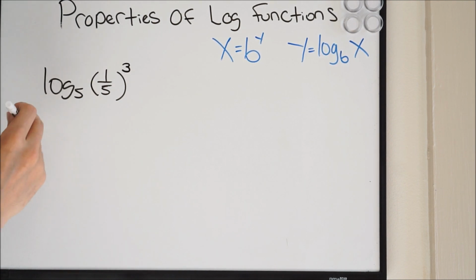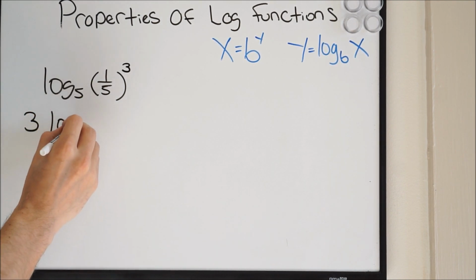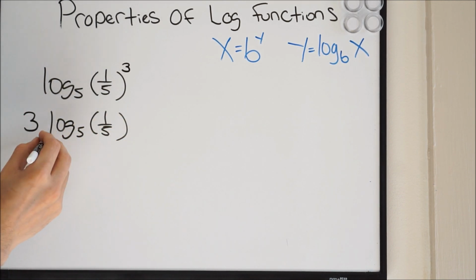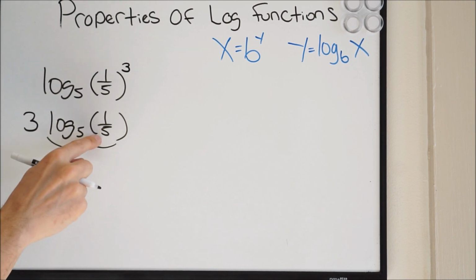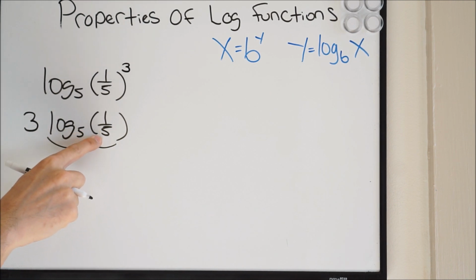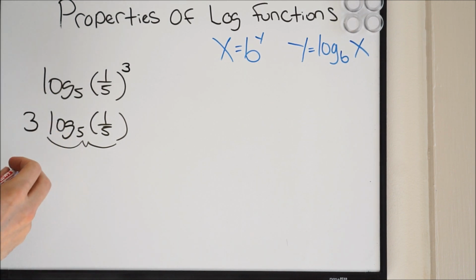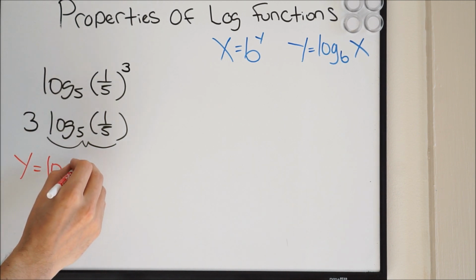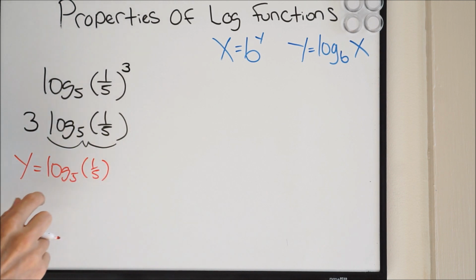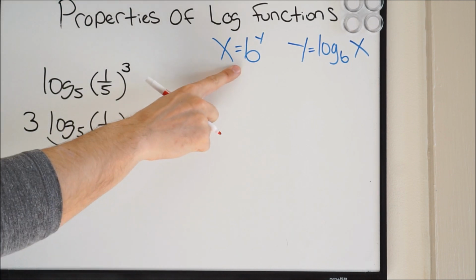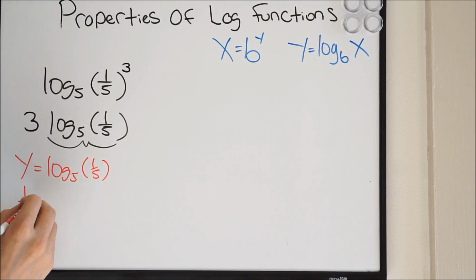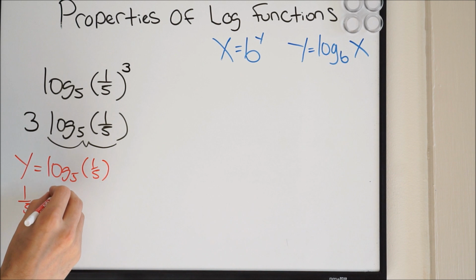So again, bring down the 3 like we normally would. And let's just evaluate this part right here, but we're not going to rewrite the 1 over 5 as 5 to the -1. We're going to leave it as is. So for example here, we can rewrite this as y equals log base 5 of 1/5. Here it is in its log form. Let's put it into its exponential form. So when we do that, we're going to get 1/5 equals 5 to the y.